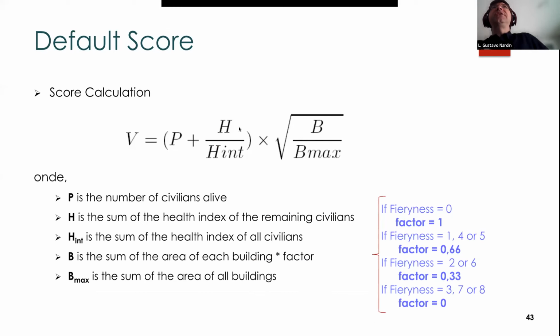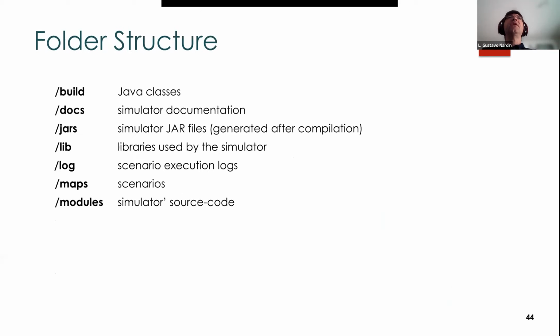I will not go into the details of this formula, but it's basically taking into account the health and the number of civilians and the area of the buildings that have not been burned, or that you as a rescue coordinator were able to prevent from getting fire.